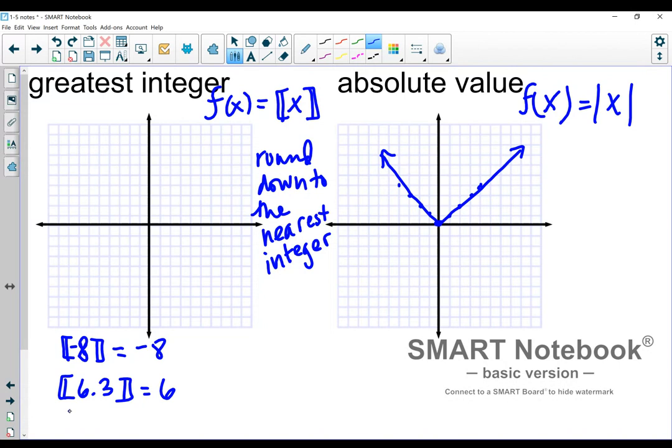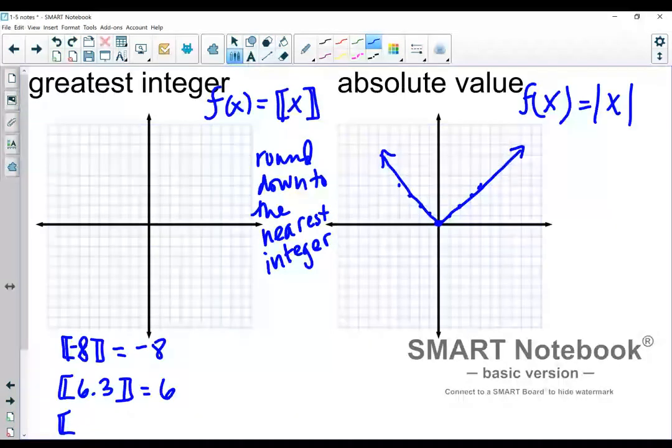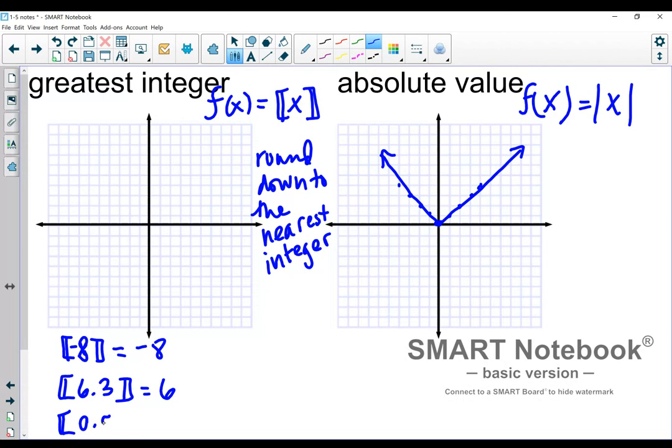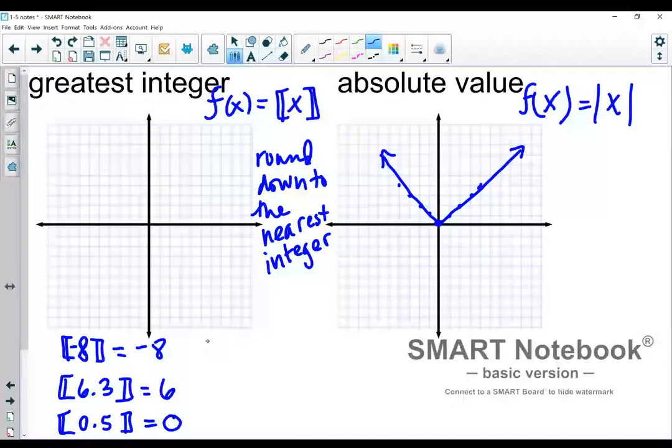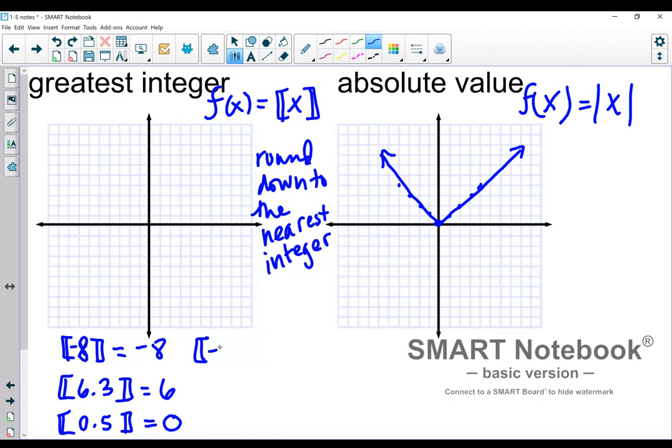If I'm looking at something like 0.5, it's going to round it down to 0. If I look at something like negative 1.5, it's going to round that down to negative 2.